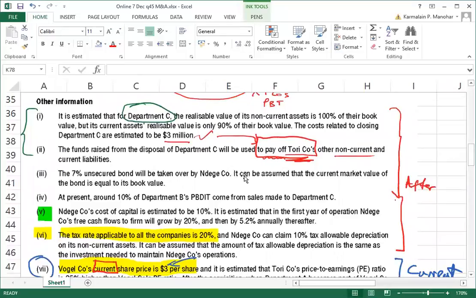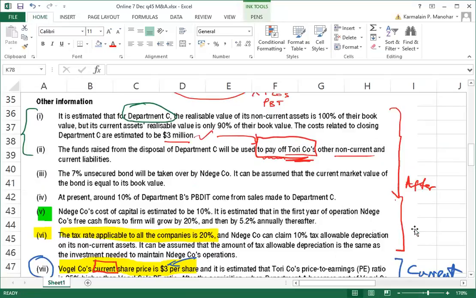So we have this bond being taken over. We have 10% of B, EBIT coming from C. We have cost of capital, so that was what we'll be using for the discounting, 10%. Estimated first year of operation free cash flow to firm will grow by 20% and 95.2.